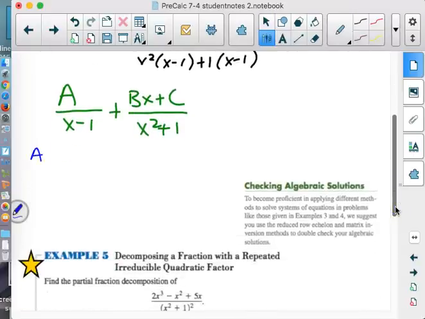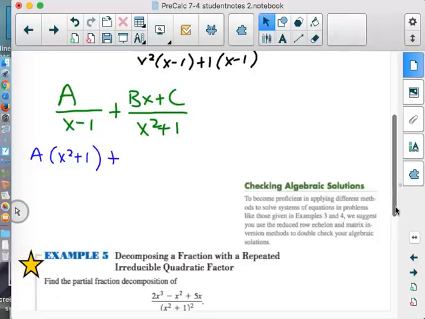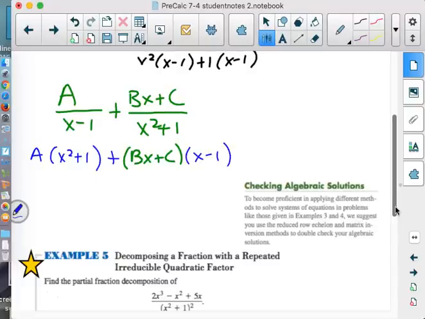There's our A. What's it going to need? X squared plus 1. We've got our now Bx plus C. What's that going to mean? An x minus 1. So see how it turns into FOIL.